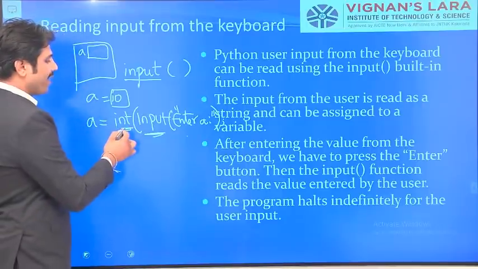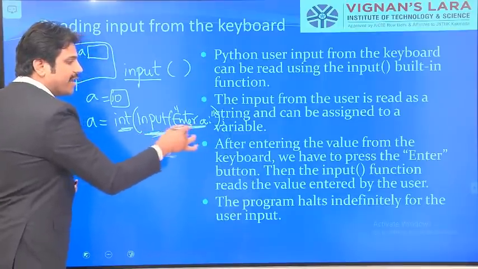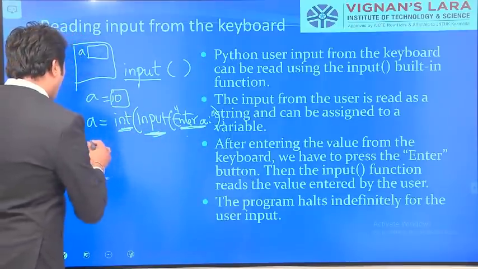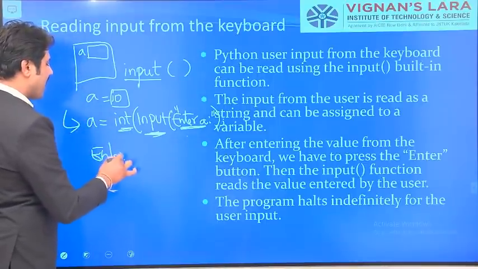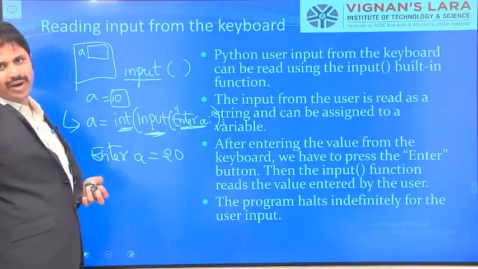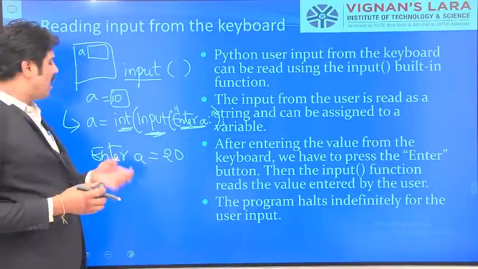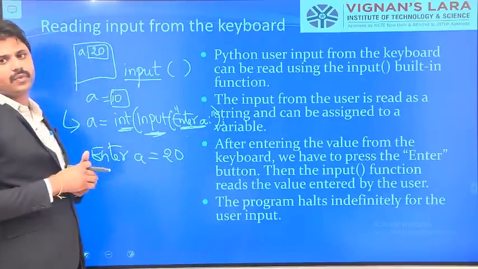Okay. So you are giving an input int. Input is a method, in that I am writing some statement. What is the output? If I run this statement, it asks enter a. If I write 20, what happened? This 20 is going to be stored in this memory location.